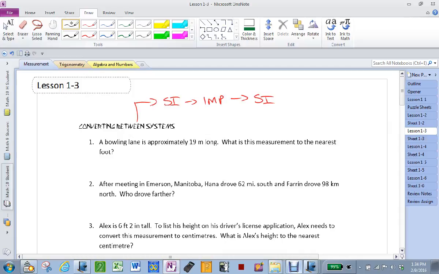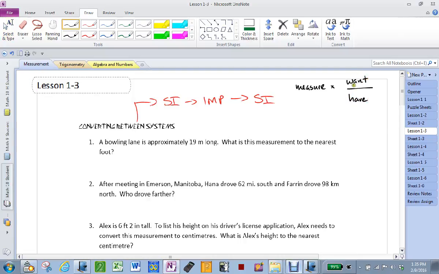So, when we were converting within a system, I gave you guys a fraction to use, yes? What was that rule? We had a measurement, and we multiplied it by a fraction. What was that fraction? What you want over what you have.